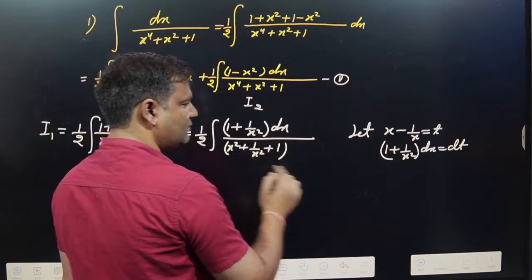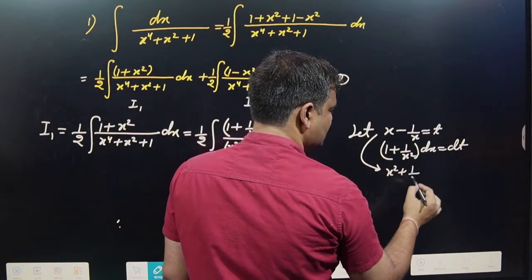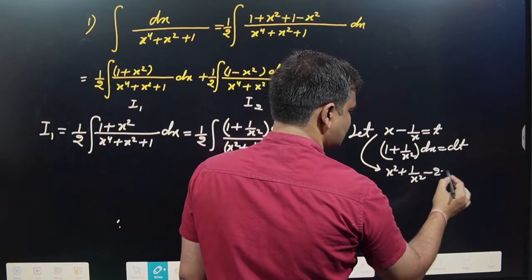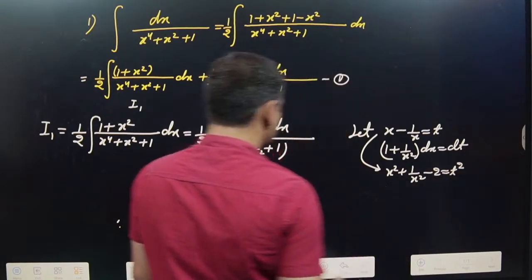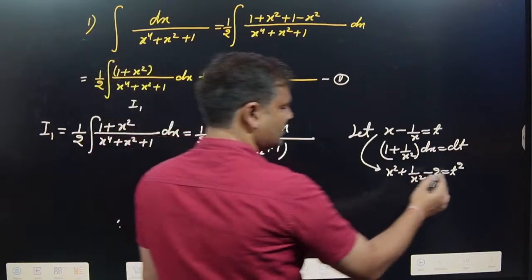And what about the other value? Squaring both sides, we get x square plus 1 upon x square minus 2 equal to t square. So x square plus 1 upon x square is t square plus 2.